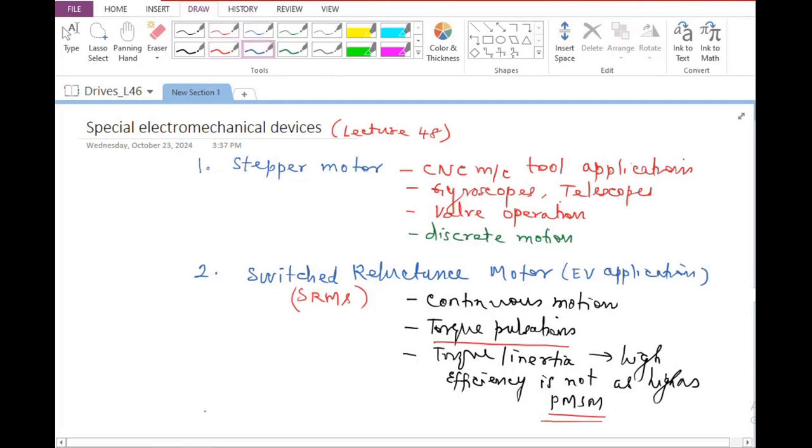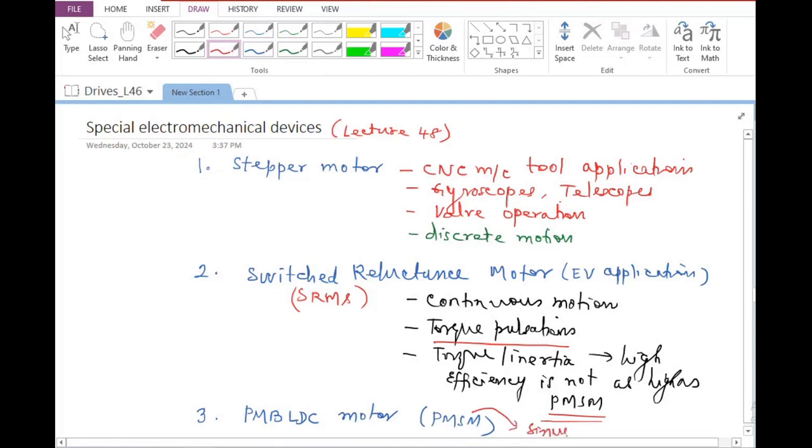The third motor that we are going to talk about is the PMBLDC motor, the permanent magnet brushless DC motor. This is very, very similar to PMSM. The only thing is, in PMSM the flux is sinusoidal.